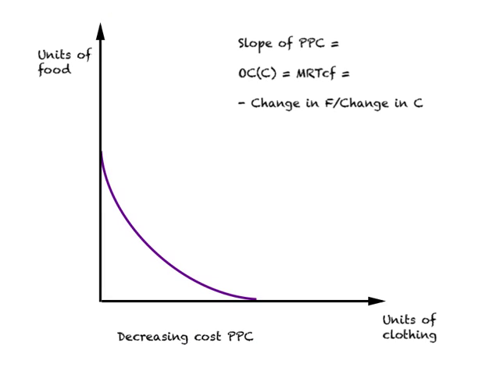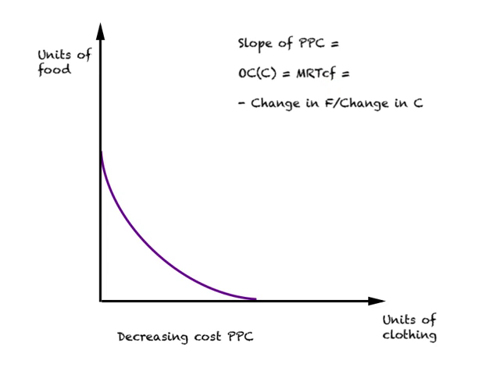Now let us consider production equilibrium for a decreasing cost PPC. And as you already know, this decreasing cost PPC is convex to the origin, and that simply means, in an absolute sense, when you go down the curve, the absolute value of slope continuously declines, and we know slope of PPC is the same thing as opportunity cost of clothing, the good on the x-axis, and this is the same thing as marginal rate of transformation between clothing and food.